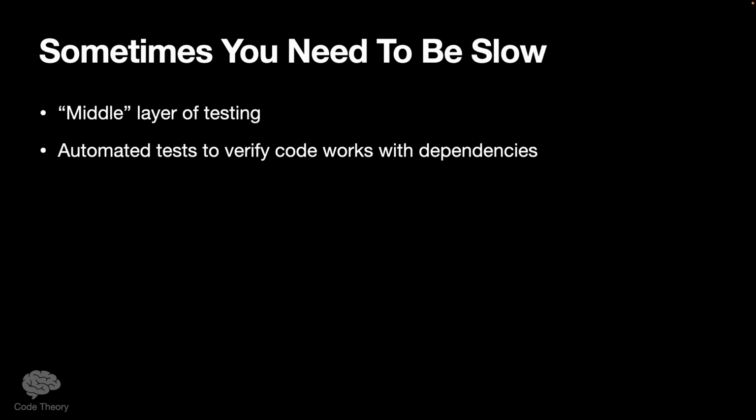Cool. Okay. So we've been talking about unit tests pretty much this whole time, and that is the lowest layer of tests. There's also something called integration tests. Sometimes you do need to be slow. These are the middle layer of testing. Integration tests are tests that you use to make sure that the way that you work with dependencies is correct, okay?